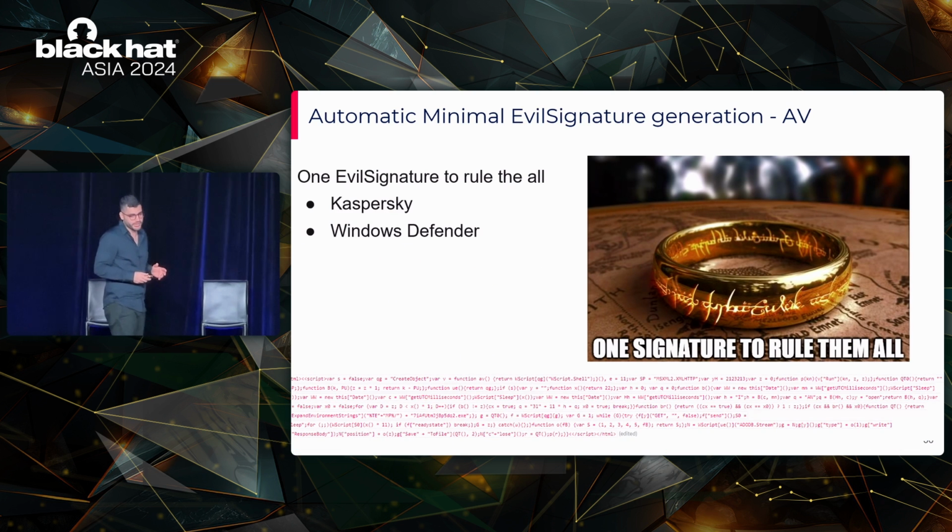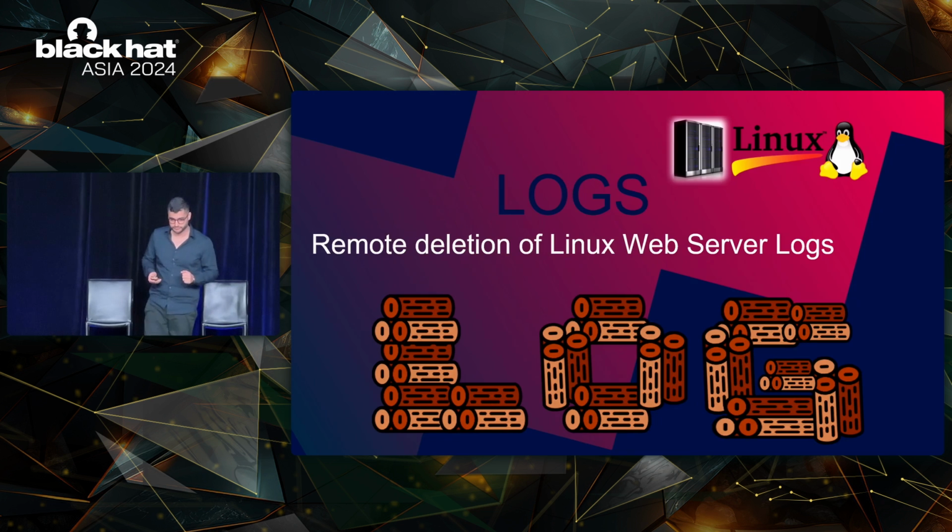Another side goal that we had is to find a signature that will trigger most of the vulnerable EDRs. It will be perfect for a case when we don't know which EDR is installed on the remote machine. After some tries, we found a signature for triggering Kaspersky, but it also triggered Defender.